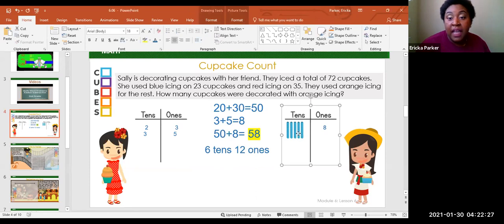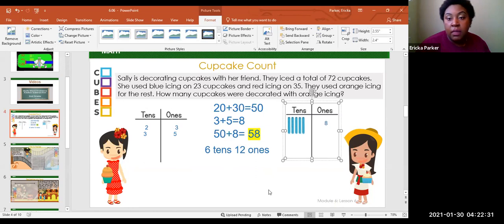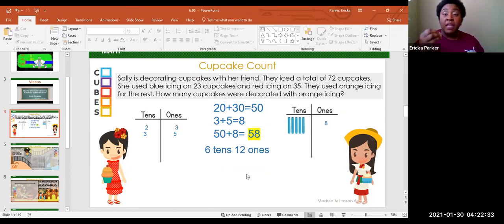You are going to take, okay, let me do what I want to do. You are going to draw out a T and an O chart, a tens and a ones chart, just like how I did here.